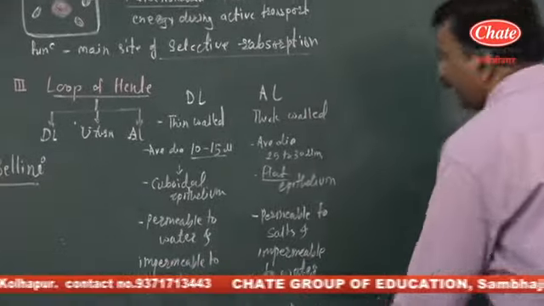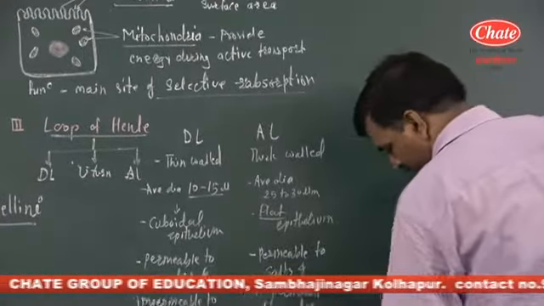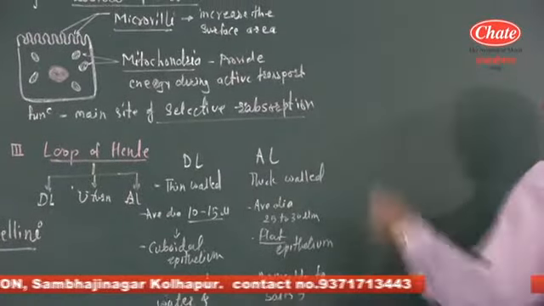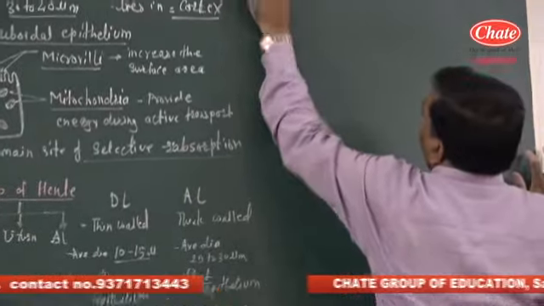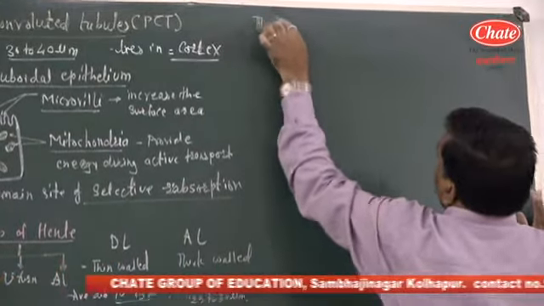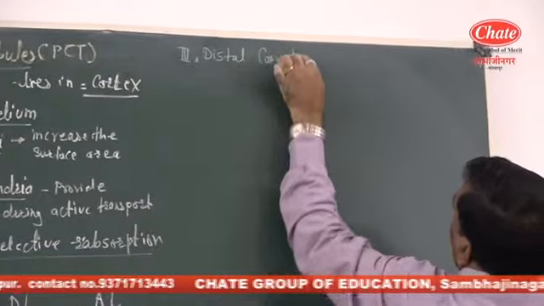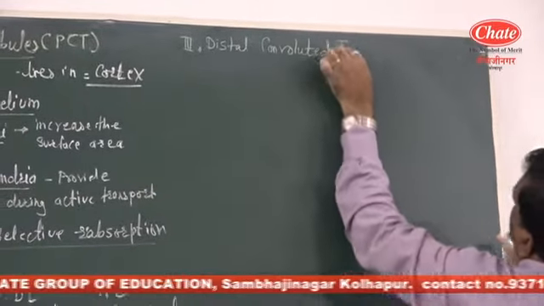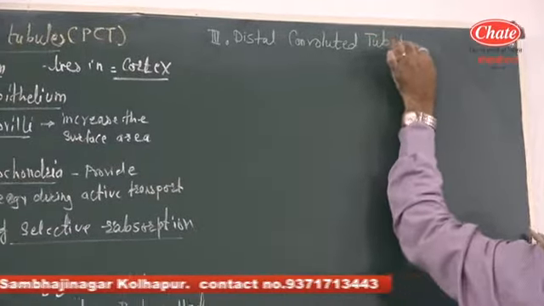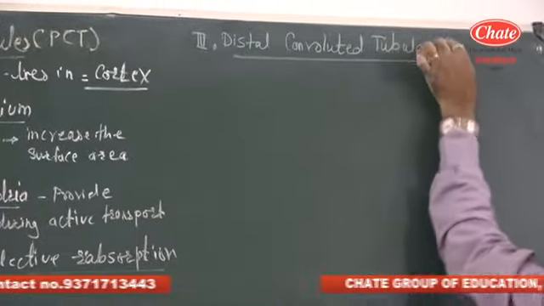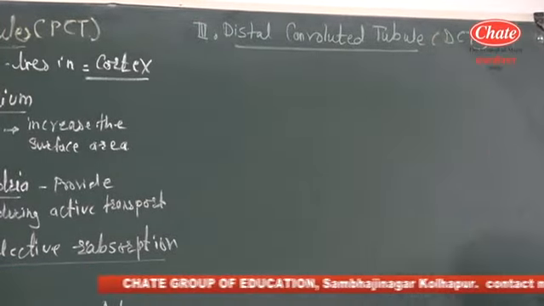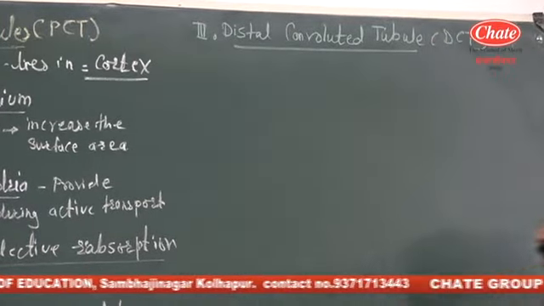This loop of Henle leads into the third part, that is the distal convoluted tubule. Distal convoluted tubule, in short it is termed as DCT.